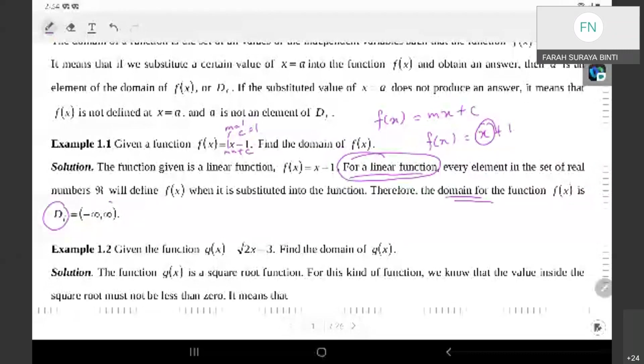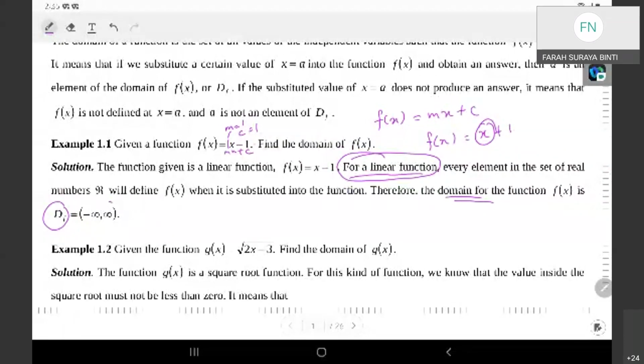Ingat kan real number tu maksudnya any negative numbers, positive numbers, all types of numbers is included in real numbers. Termasuklah decimal, fraction, tu semualah. So maksudnya nombor-nombor tu semua dia akan jadi domain untuk function ini. So the domain of this function is real number.